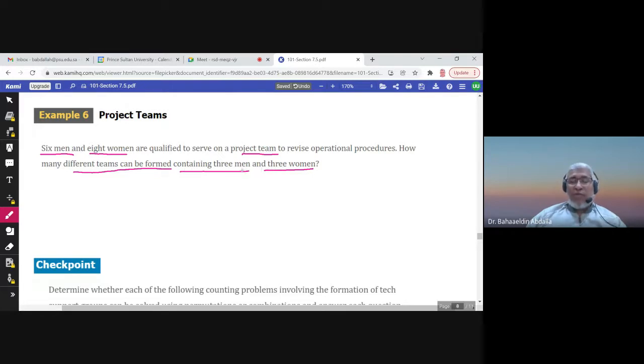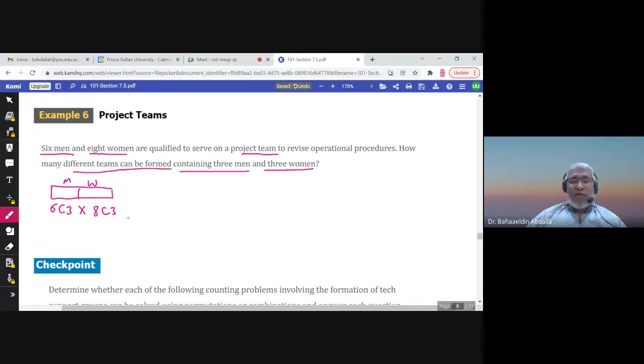We have to use the fundamental counting principle. Let us choose men first and then women. We need to choose 3 men out of 6. In how many ways can we choose 3 men out of 6? 6C3. The second step is to choose the 3 women, so 8C3. This would be the answer.